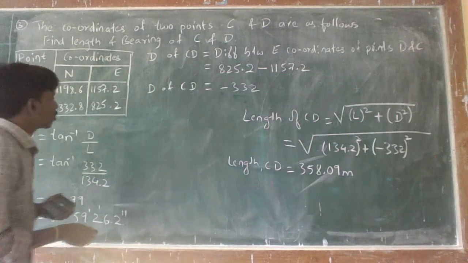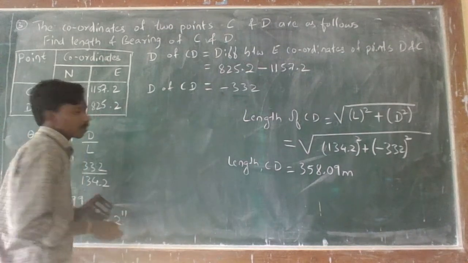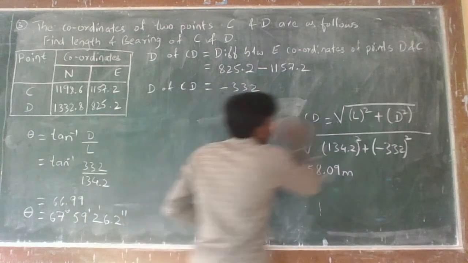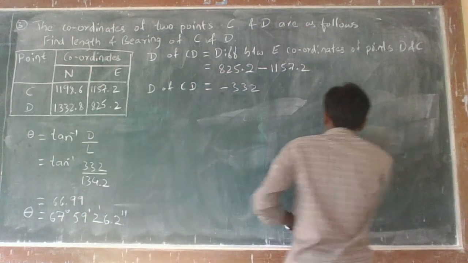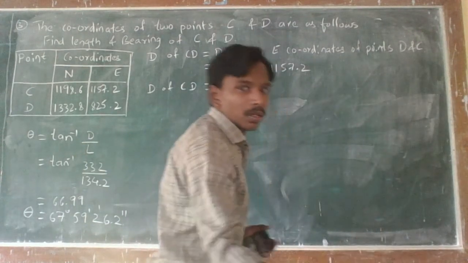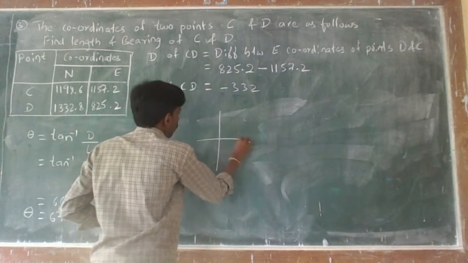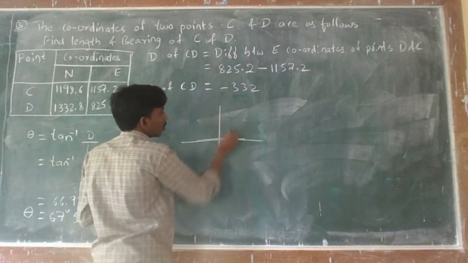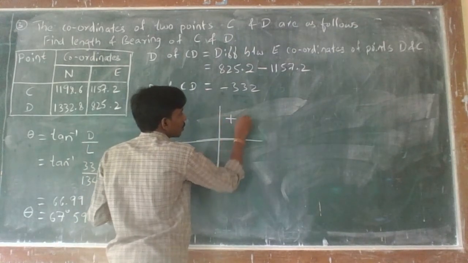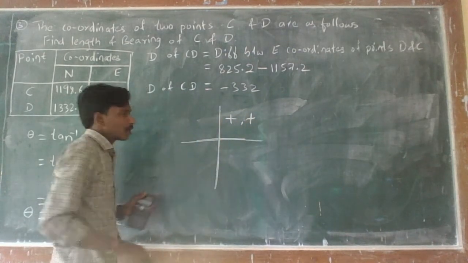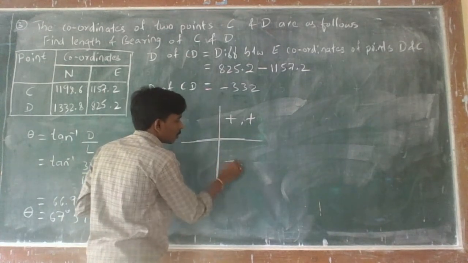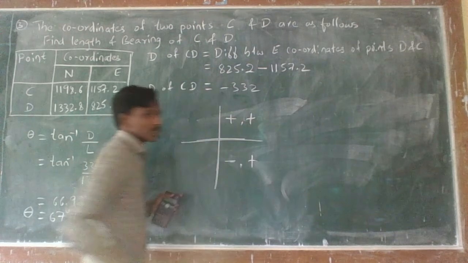So in the fourth quadrant, I will erase this. You can see here in the first quadrant, both latitude and departure will be positive, and in the second quadrant, latitude will be negative, departure will be positive.